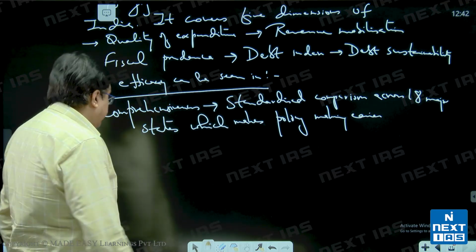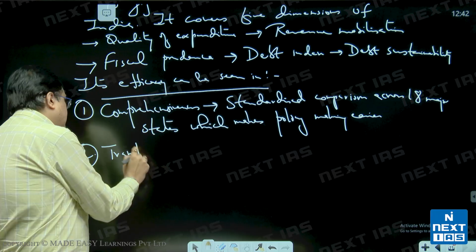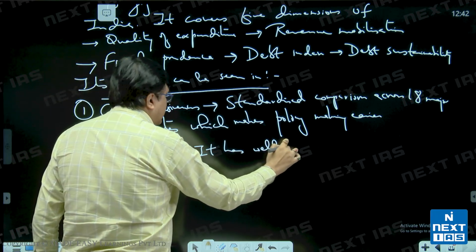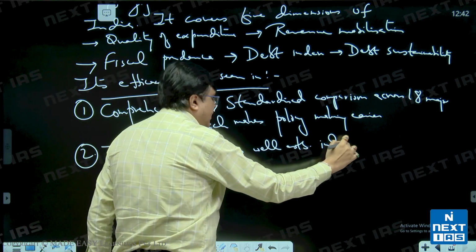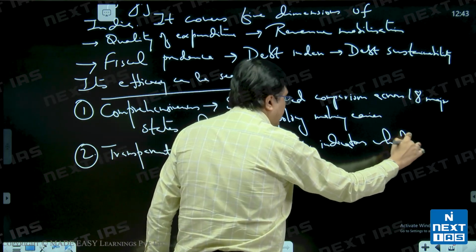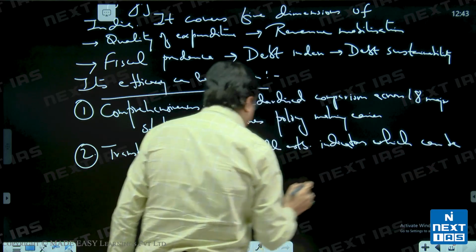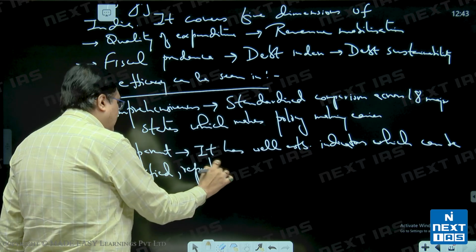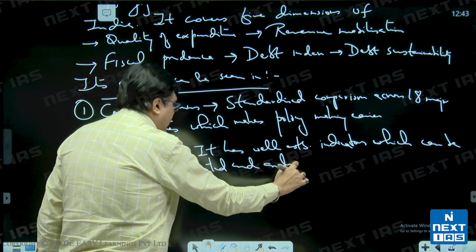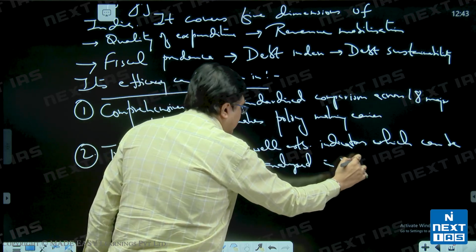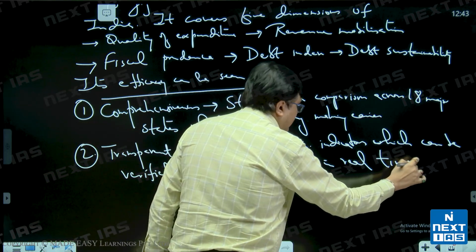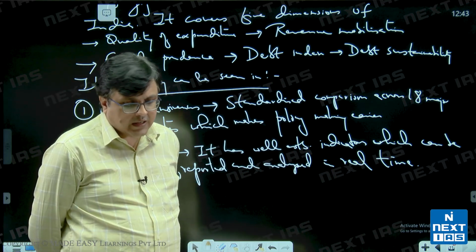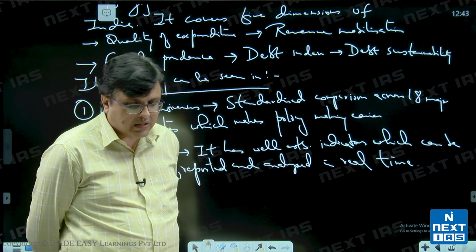The second is transparent. It has well established indicators which can be verified, reported and analyzed in real time. So verification, analysis and discussion can happen in real time, you know.